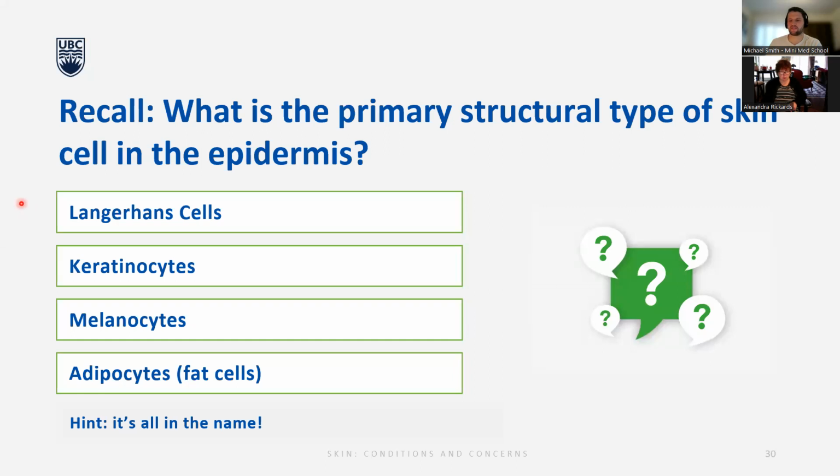Hopefully some things are named for what they are too, so that can give you a little bit of a hint. All right, I'll leave about 10 more seconds for that.